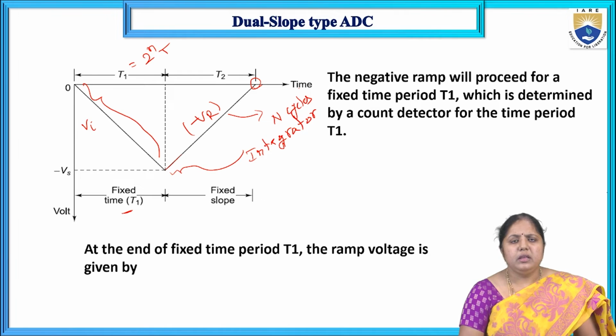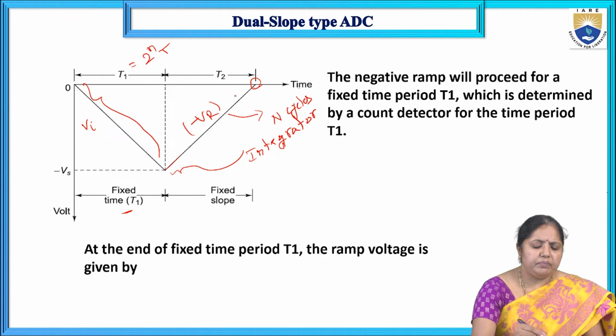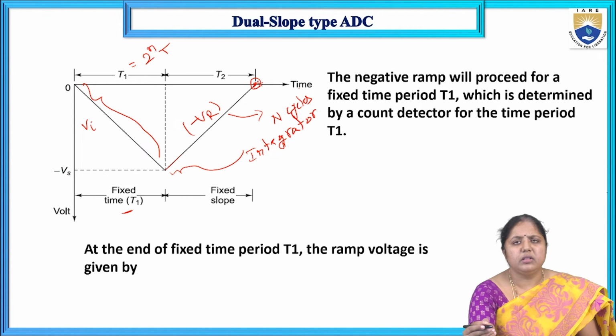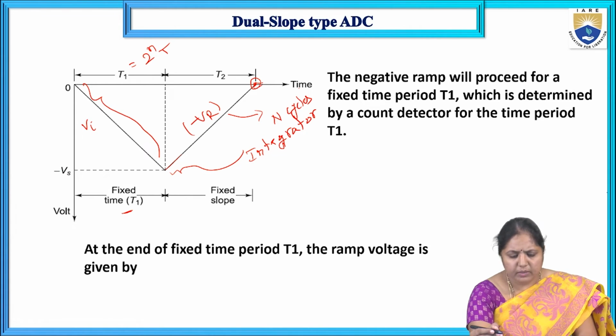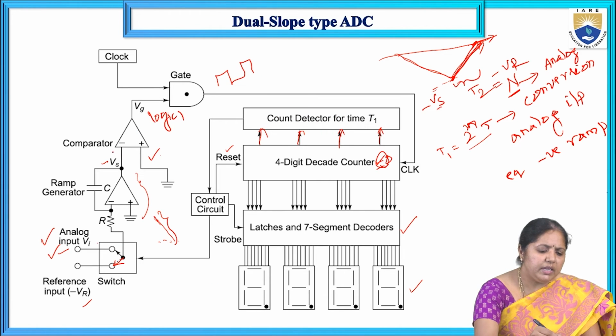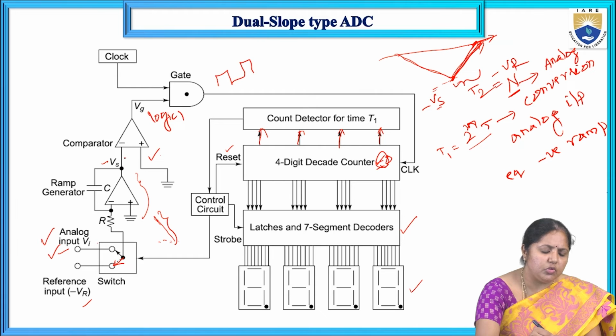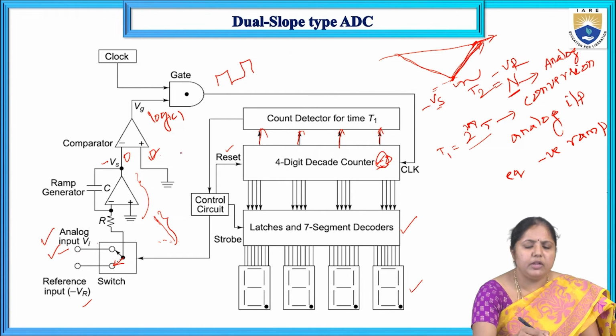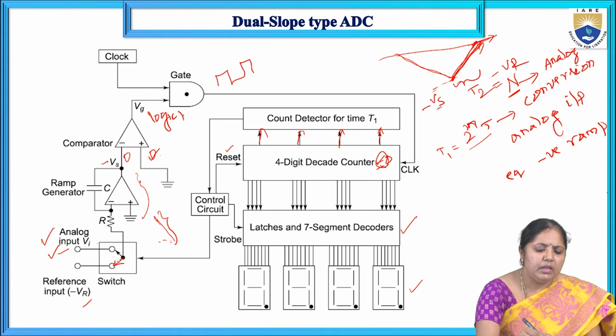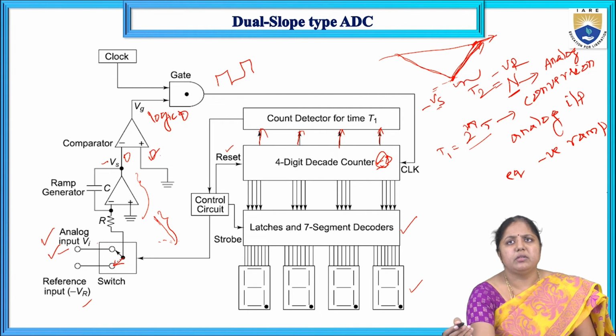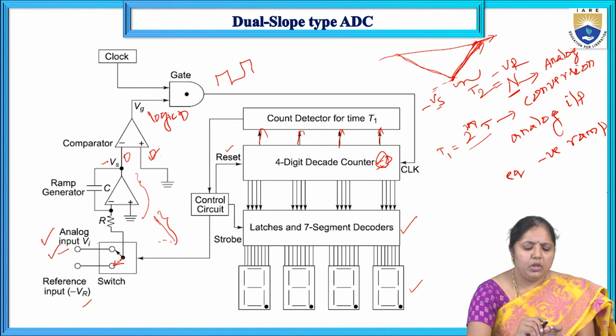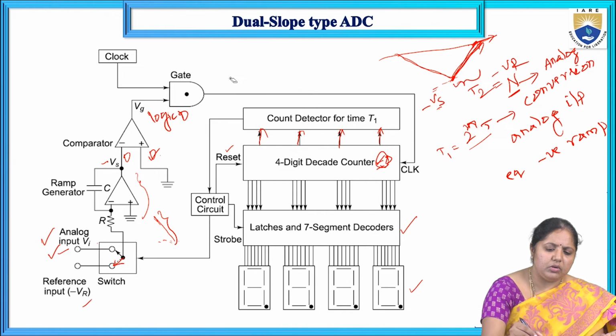When the negative reference touches zero, both are equal to 0, then the output of the comparator equals logic 0.